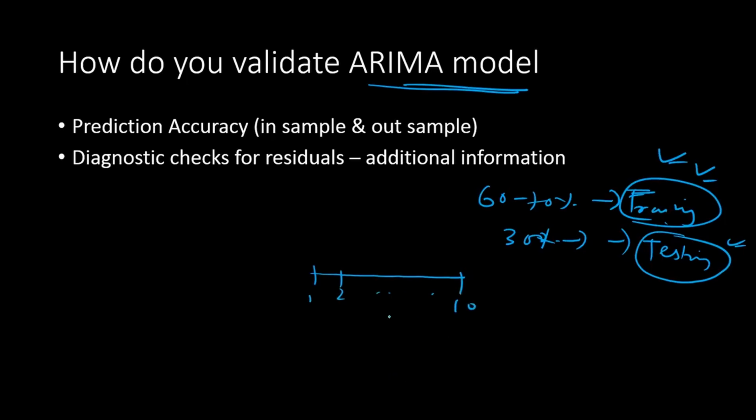You might wonder, maybe I'll take 6 periods in the training data and 4 periods in the test data. That means, let's say you choose period 1 in the training, then period 3, and then period 6. That you can't do. Remember, time series data has to be uniform. That means the interval between two data points in a time series should be the same throughout. So you cannot take sample periods like that.